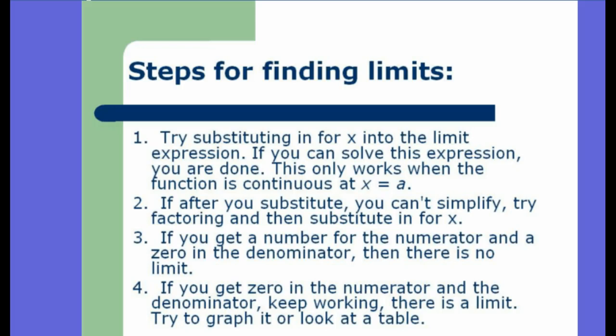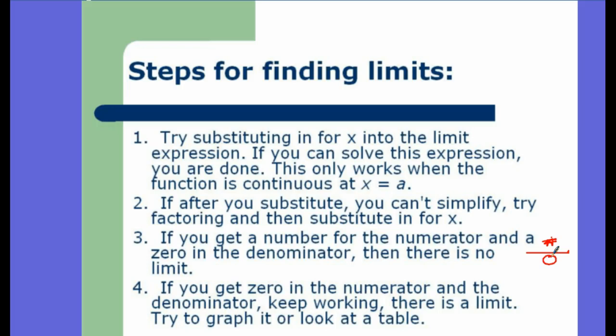Then plug in x. If you get a numerical answer, awesome. When you factor and simplify, if you get a number for the numerator and a 0 in the denominator, anytime we try to divide a number by 0, for a limit, there is none. So anytime you get a number over 0, that is DNE.